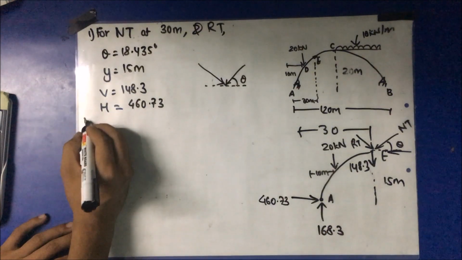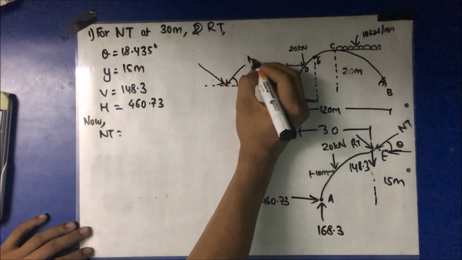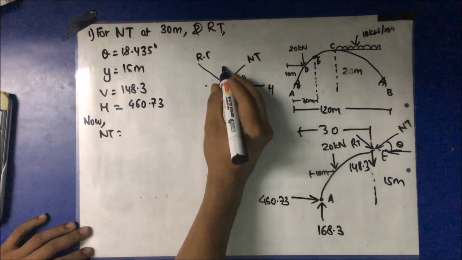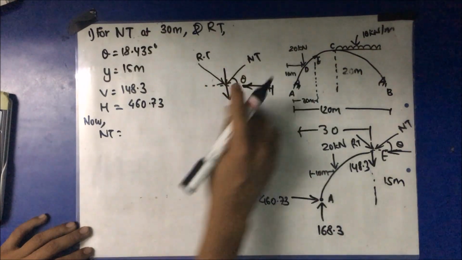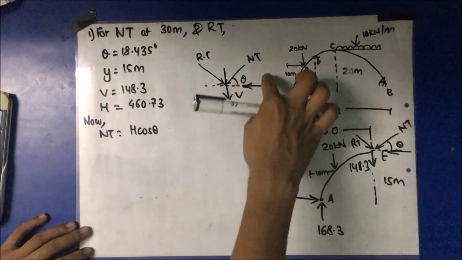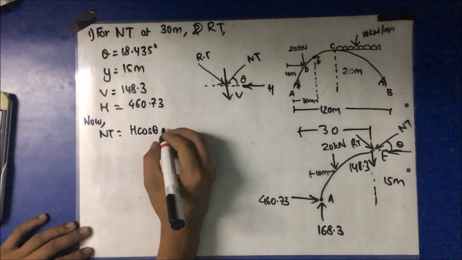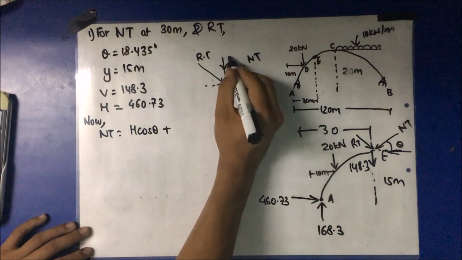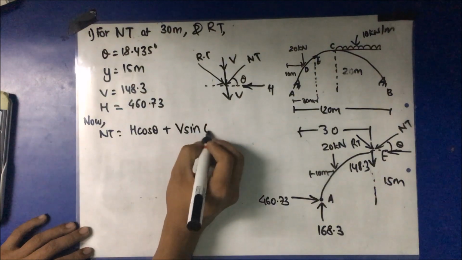460.73. Now the formula for normal thrust, if we resolve this normal thrust and this radial thrust in terms of horizontal and vertical, normal thrust is equal to H cos theta plus V, this being V, making an angle, V sine theta.